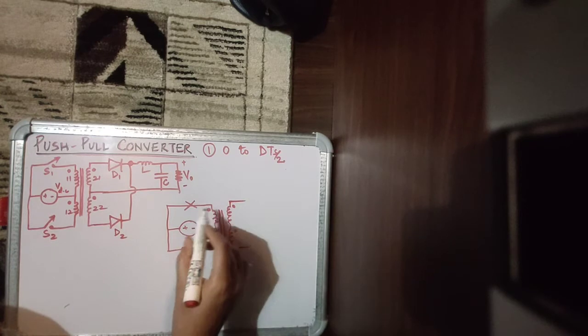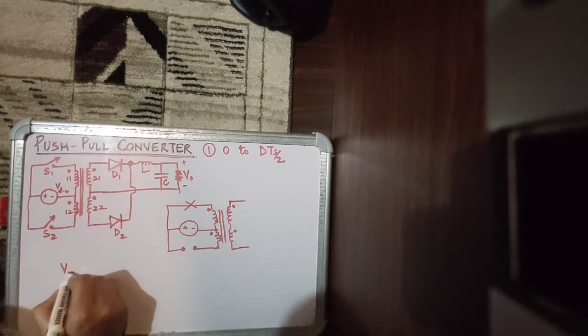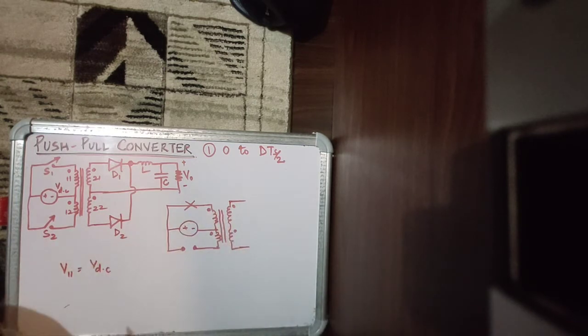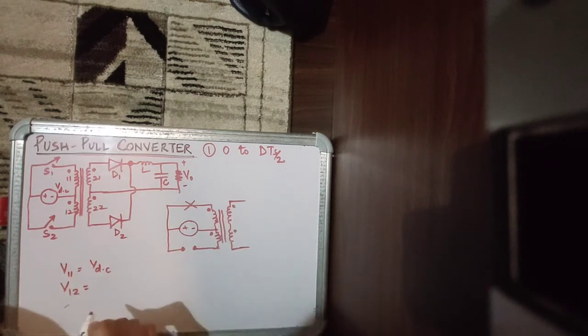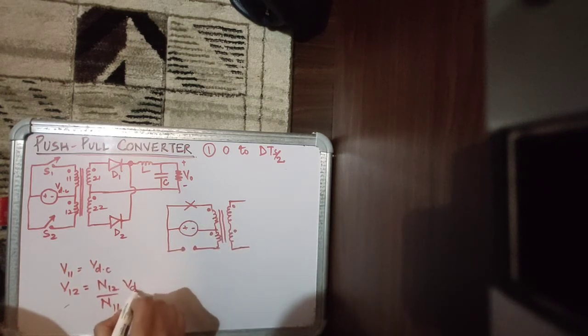Now in the primary winding, the voltage induced in the upper primary winding is directly VDC, because it is directly connected across the source. The voltage induced in V12, the bottom primary winding, is equal to the number of turns, say N12, upon the number of turns of the exciting winding, that is N11, times VDC.